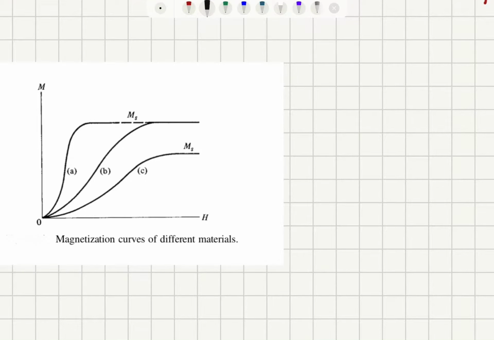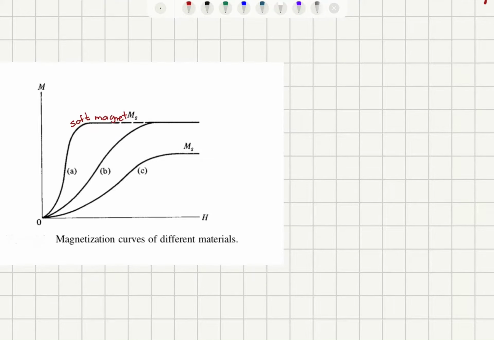So, if a material requires a small amount of magnetic field to reach saturation, we call it soft. So the first one here, A, is a soft magnet.